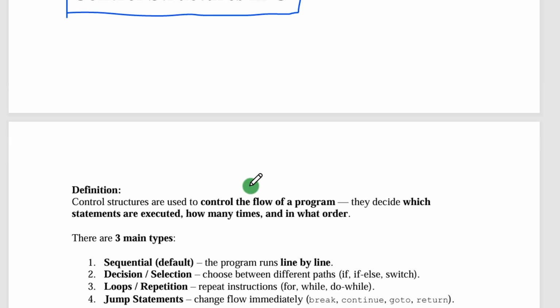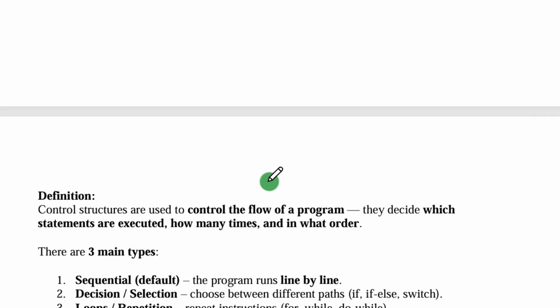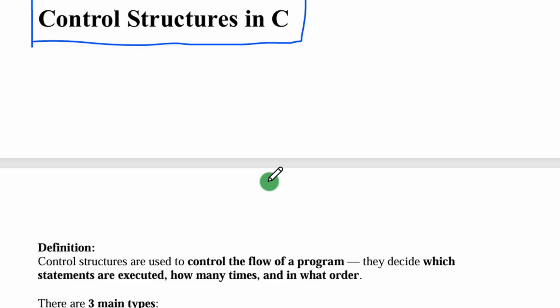The control structure will determine if you are executing your algorithm in order, if there are some instructions you'll be repeating during the execution, or if you are jumping lines. That order, or the flow of execution, meaning how you are moving when you're executing your program, is what we call control structure. I think the definition is very clear.